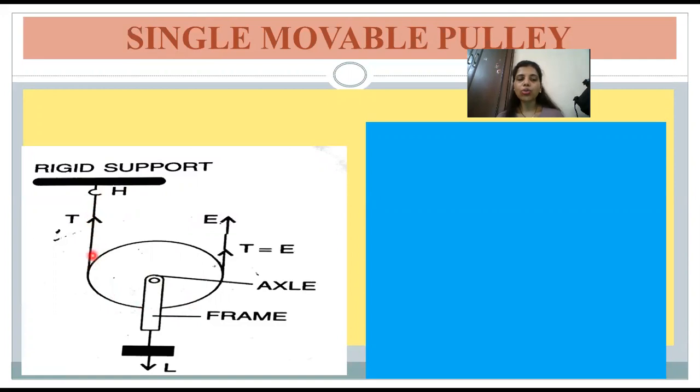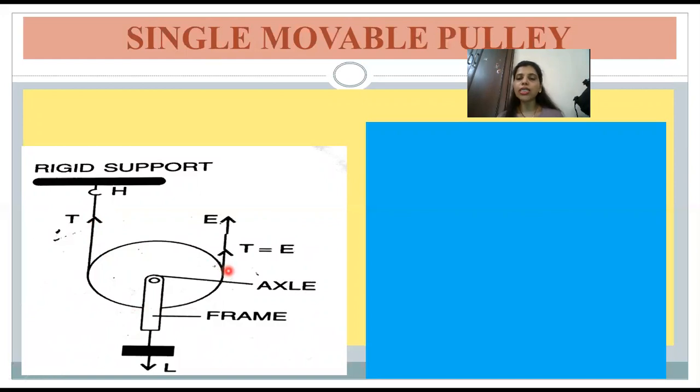From there you show the thread going in this direction. You can see the effort is shown in the upward direction. These two tensions are balancing one load. When the load is moving up and down, you can see that the load is balanced by these two tensions in the two different strings.